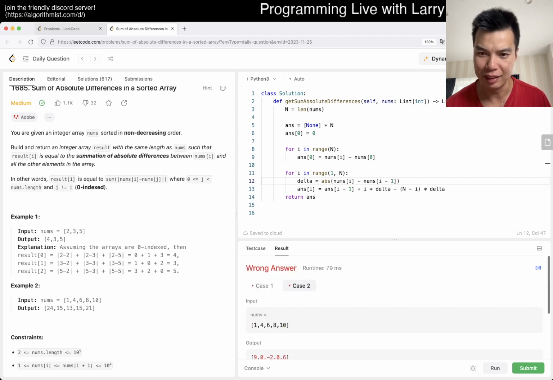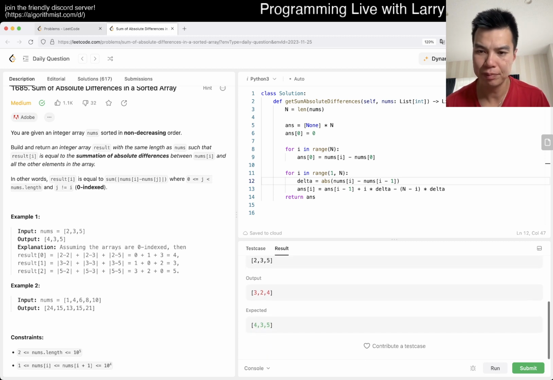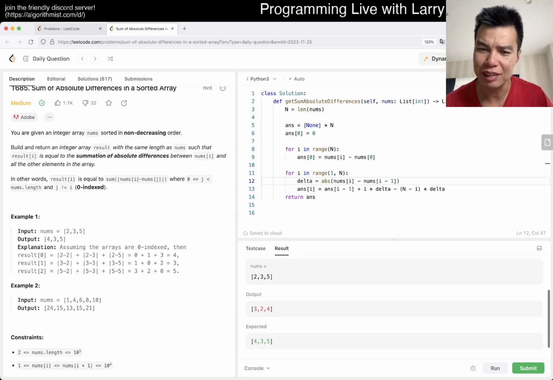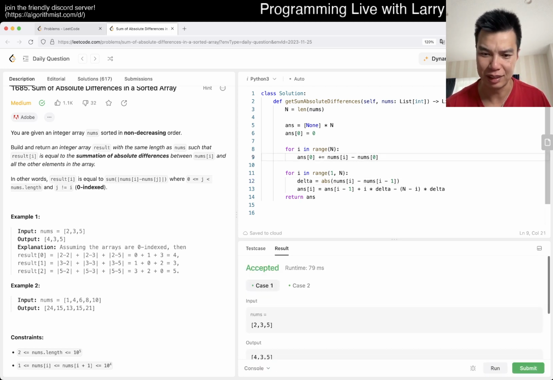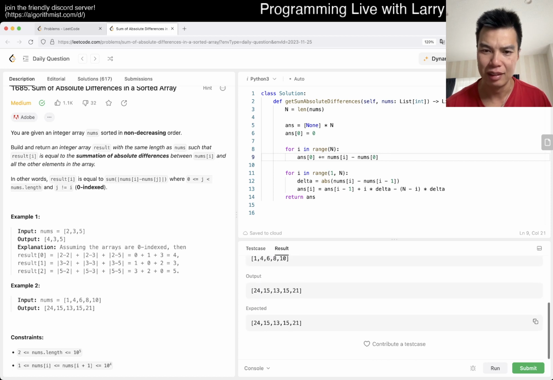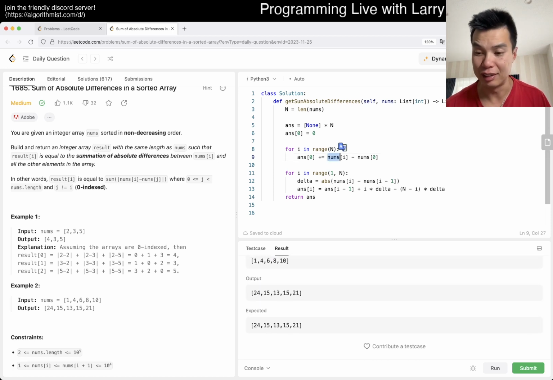What is going on here? Okay, so why is this doing it? Oh, why did I put? I need this to be this. Yeah, okay. I think I confused it a little bit when I converted to n and nums. All right, there you go. Okay, so let's give it a submit.